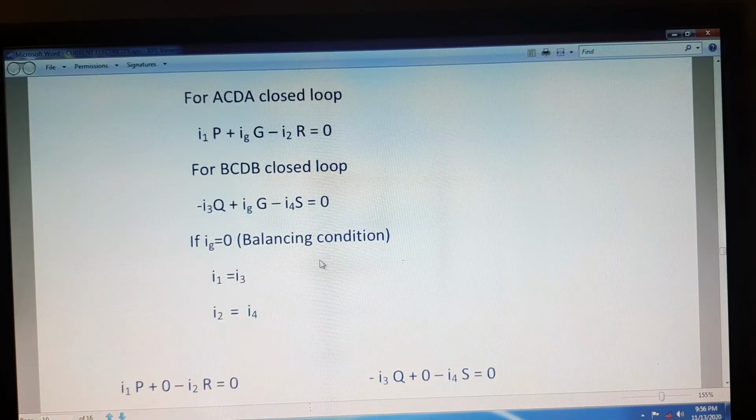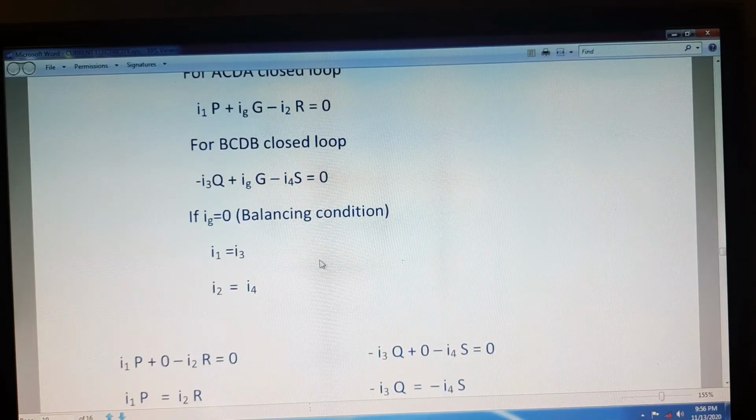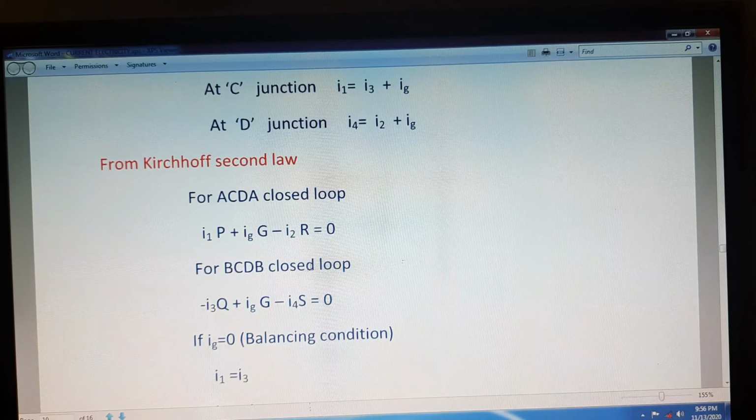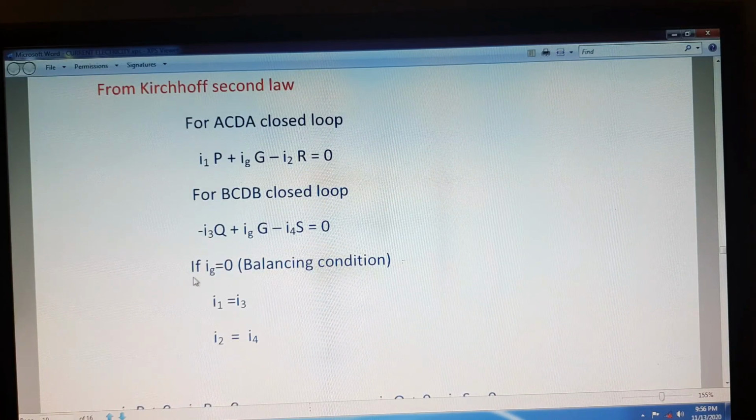If Ig is 0, that means the balancing condition, when the galvanometer deflection is 0, then the conditions are I1 is equal to I3, I2 is equal to I4.